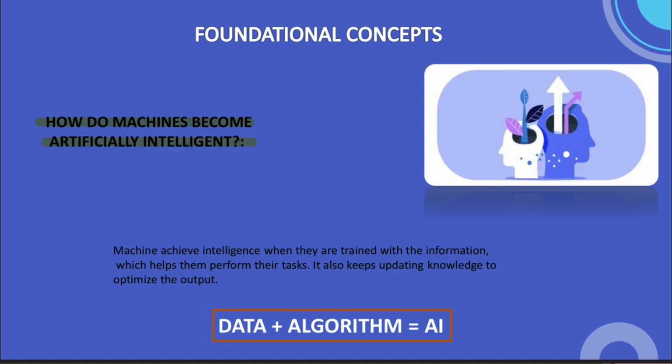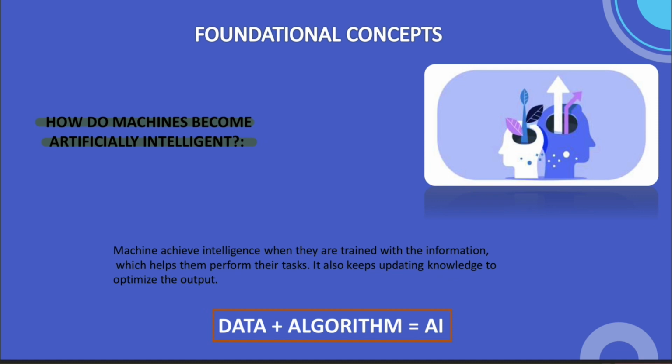Next is, how do machines become artificially intelligent? We will try to find it. We humans are very well capable of making decisions and applying logic. We are able to learn, think, and decide. This intelligence that we have, we got it from mother nature. It's natural.